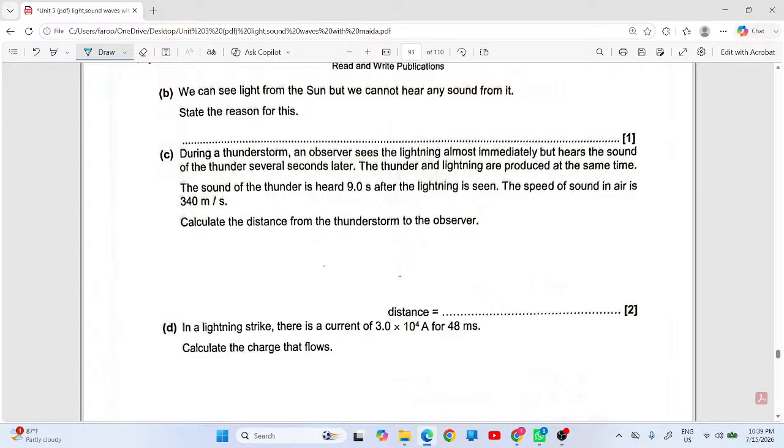We can see the light from the Sun, but we can't hear the sound produced during fusion reaction.